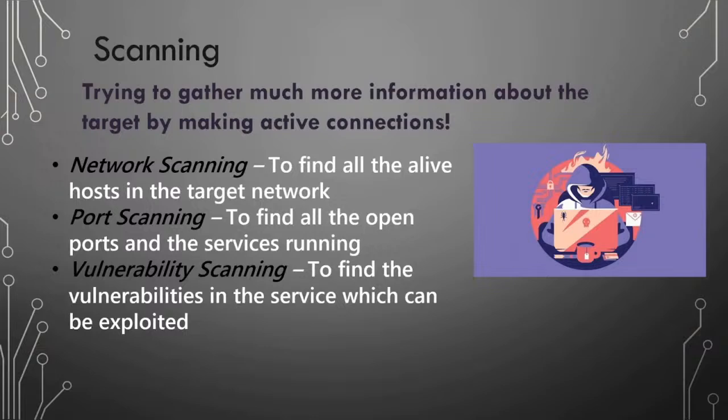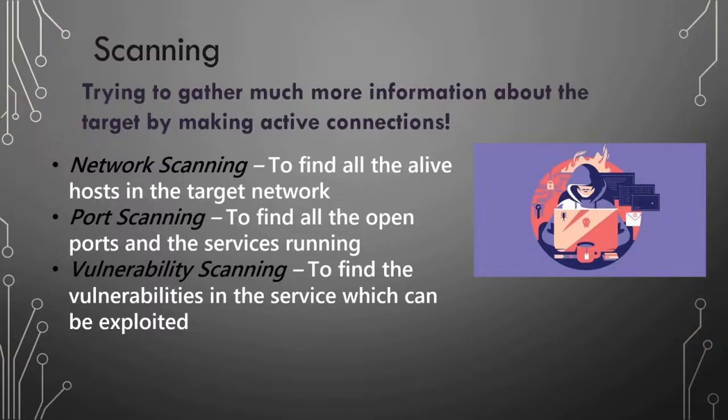In network scanning, we try to figure out what devices are active on the target network: what operating systems they are using, what servers are available, what client operating systems are there, and what devices they use, such as IDS, IPS, routers, switches. On those devices, you then perform port scanning.